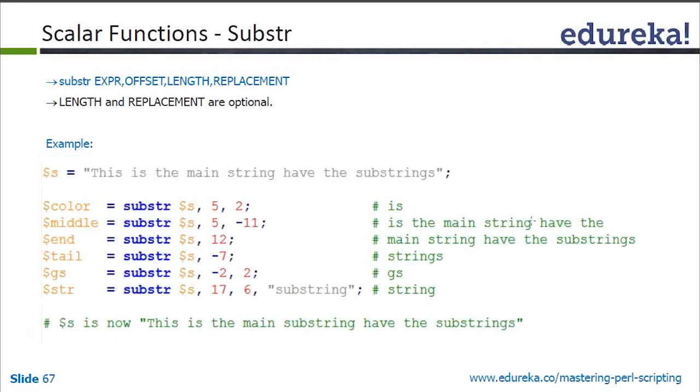You want 11 characters from the 5th. After the 5th is this space, then you have some characters till THE. So this is what I get. I go from the back 11 characters.